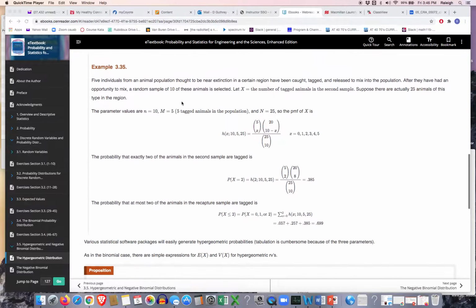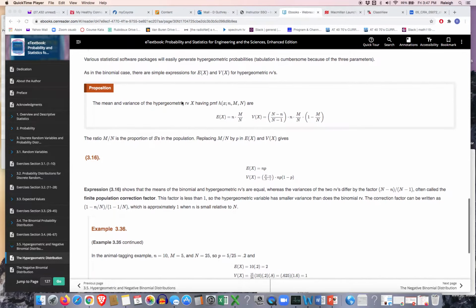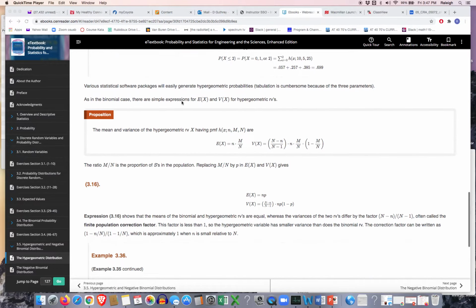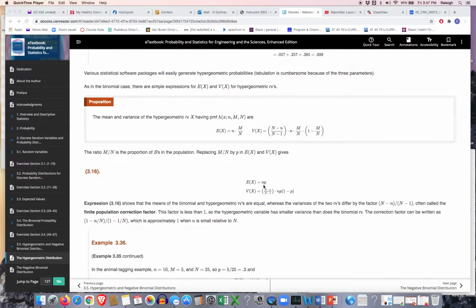So we'd left off with a summary of the expected value, and what they would like to do is the variance. I left off with the fact that if P is just M over N, remembering the notation, M is the number of successes in the entire group, and N is the total in the entire group before you take the sample, which involves the little n.